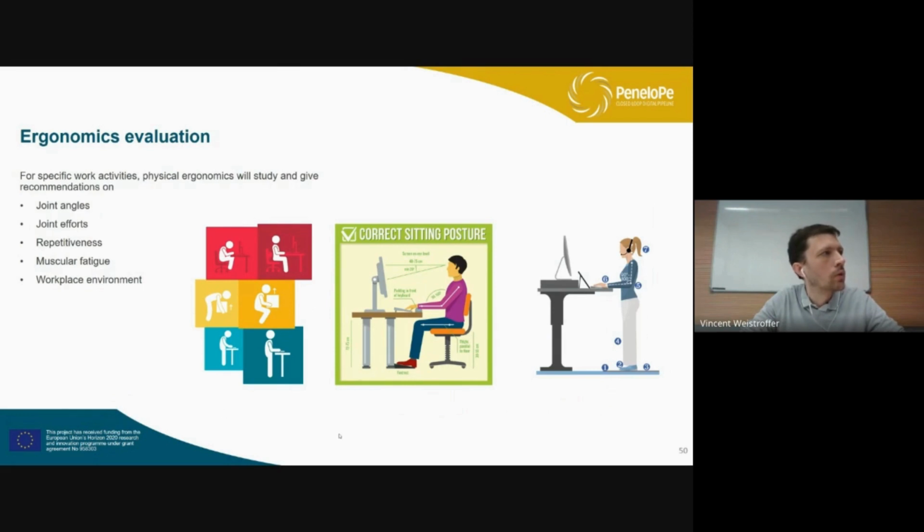So physical ergonomics, the aim is to focus on specific work activities and to give recommendations in order to reduce musculoskeletal disorders. It can give recommendations on joint angles, joint efforts, repetitiveness, muscular fatigue, workplace environment. Here I give you some details. For example, when you sit at your desk, it's better to be seated straight with specific angles for the arms and a specific angle for the lumbar spine.